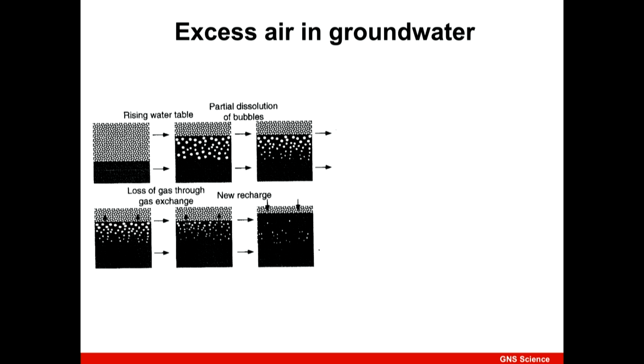We have here the situation, this is the groundwater table. Rainwater gets on top, has air bubbles in it, and these air bubbles over time dissolve. The next rain parcel sits on top.